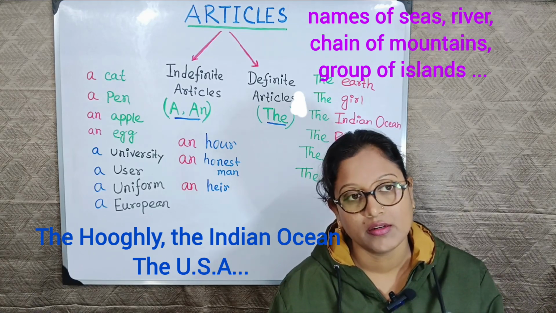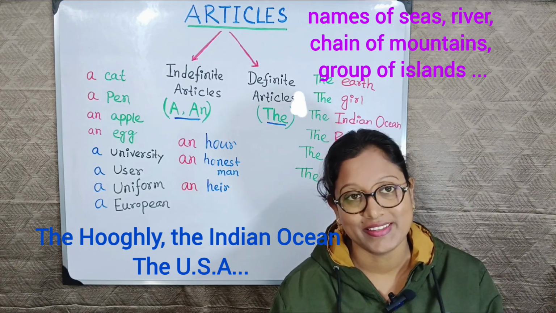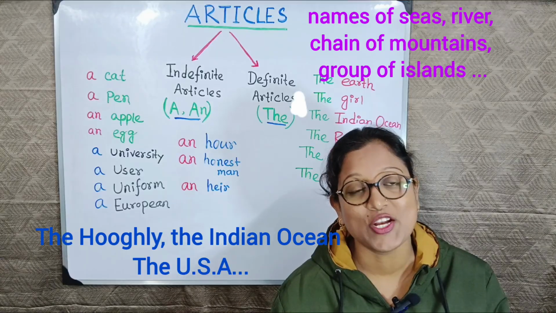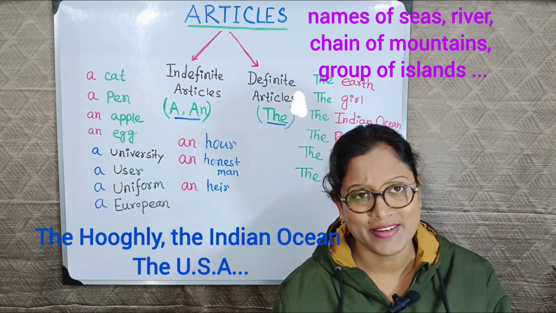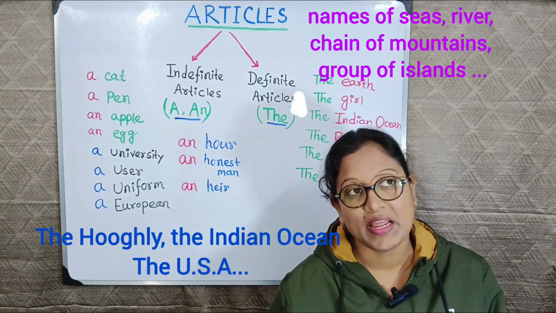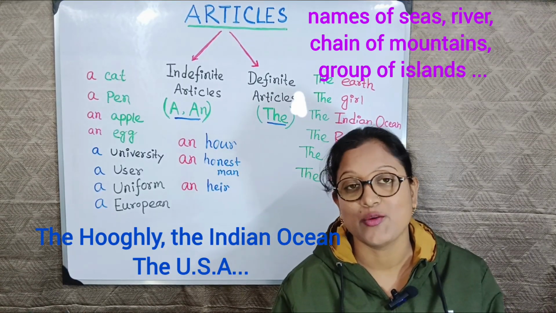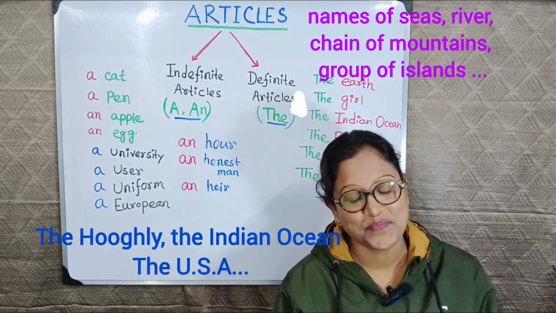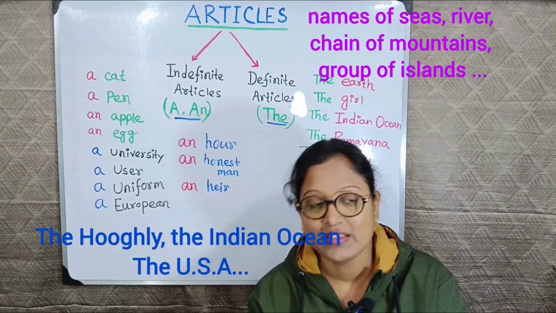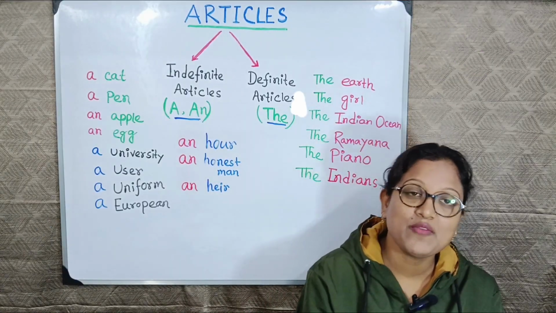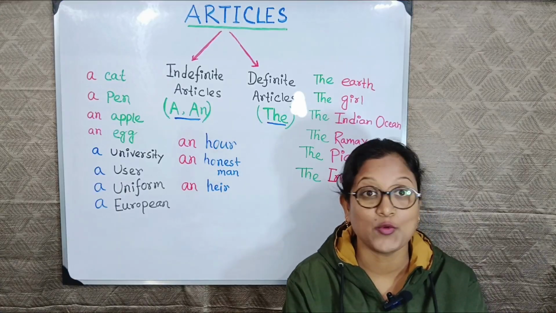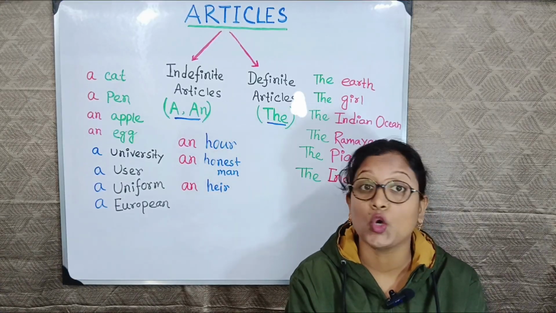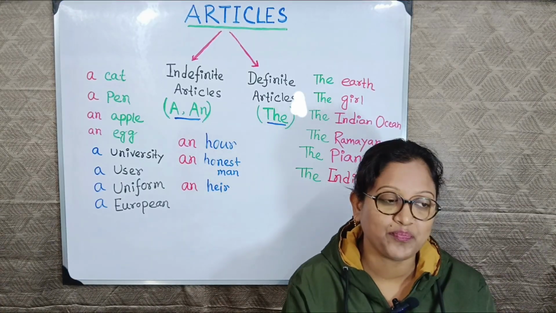Like rivers, the Hooghly, the Ganges, chain of mountains, the Himalayas, plural names of countries, the USA, group of islands, the West Indies. So there we use the before the names of rivers, seas, chains of mountains, plural names of countries, and groups of islands.